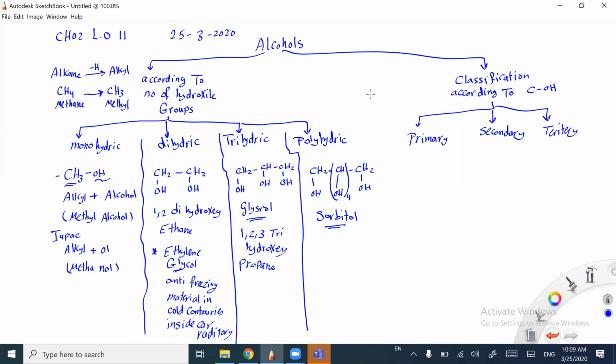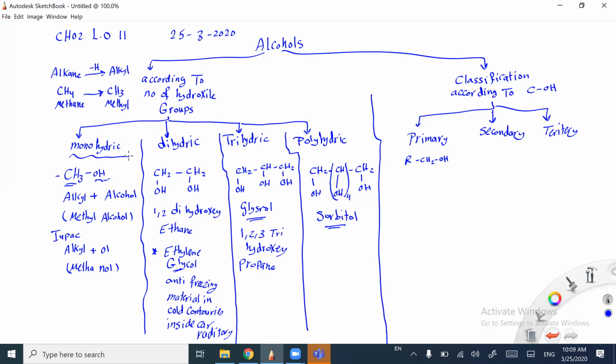Another idea of classification: primary, secondary, and tertiary alcohol. So firstly, let's start with the primary. Primary alcohols are represented by the functional group CH2OH, and we'll find one R. We are going to make this classification only for monohydric alcohols, the alcohols that contain one hydroxyl group.